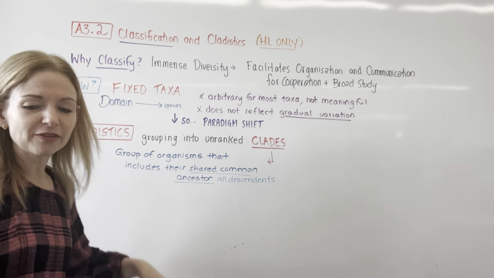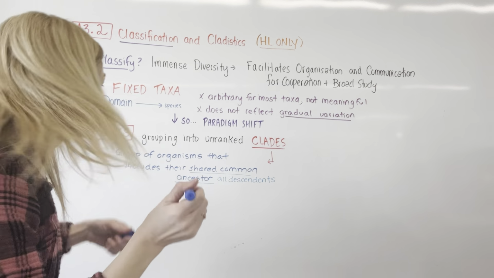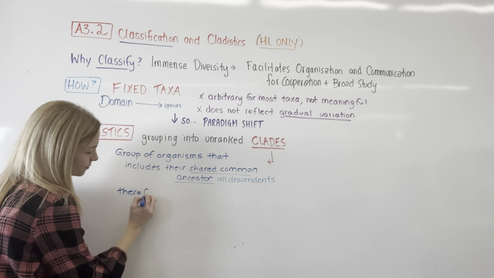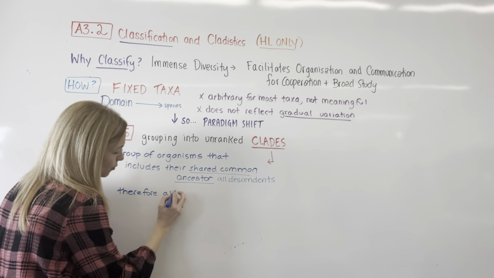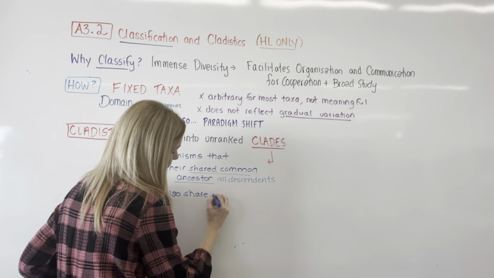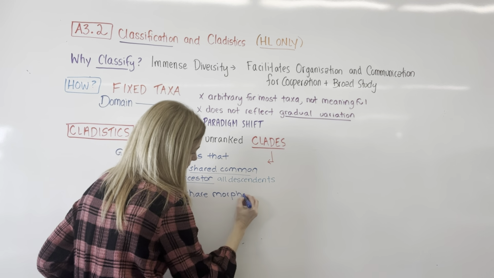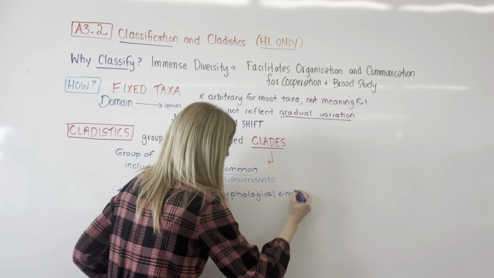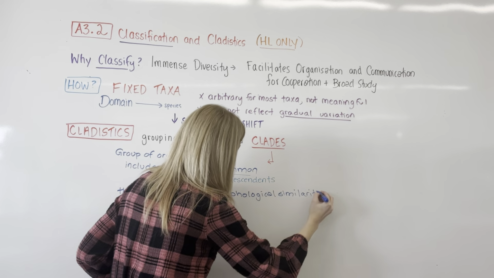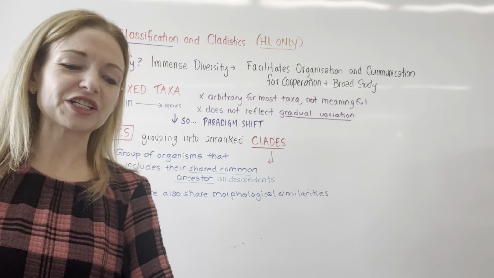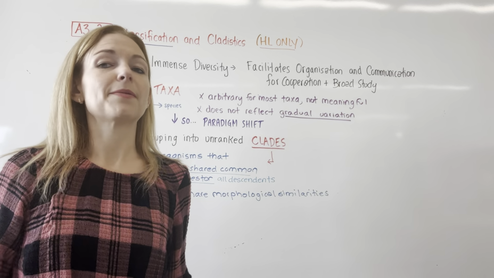Because they do share a common ancestor, they therefore also share morphological similarities. This is where it gets a bit tricky, because you can identify clades based on morphology, but it's an indirect measure.